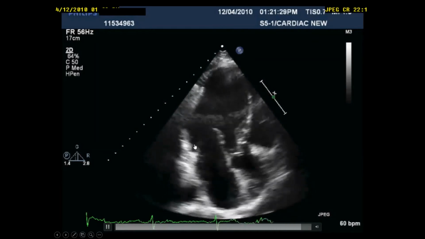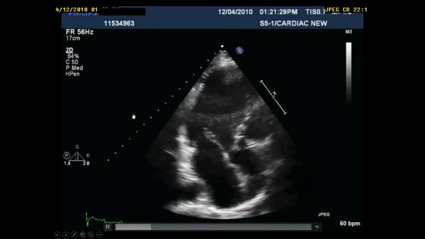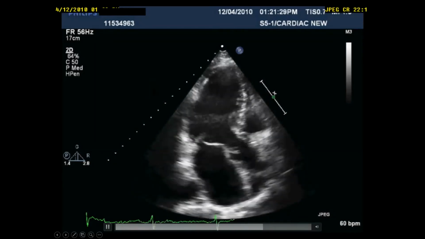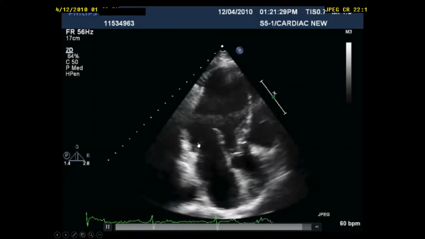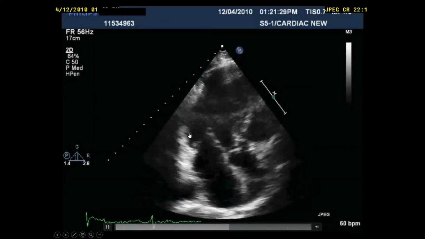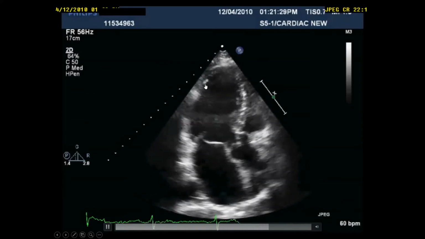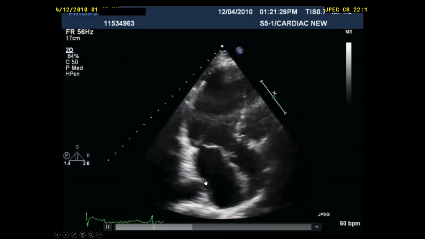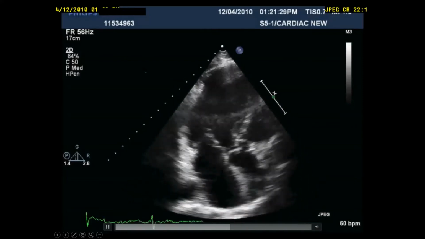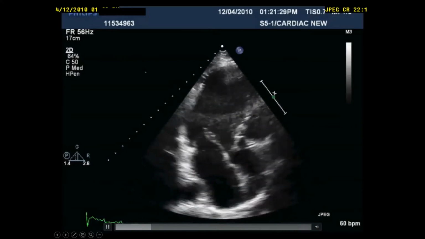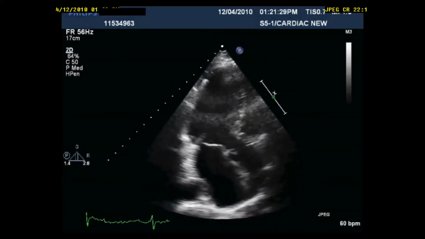It will be posteriorly directed. You remember I told you last time the trap rule: towards restriction, away from prolapse. If the posterior leaflet is restricted, the MR direction will be posterior. When you have prolapse, the jet will be directed away from the prolapse. So if you have anterior prolapse, it will be a posteriorly directed jet, and vice versa.